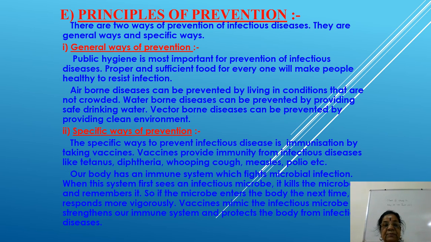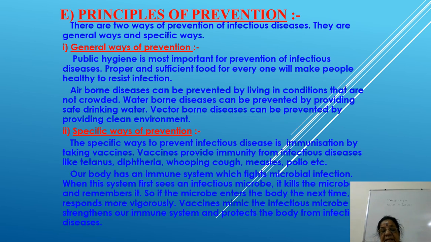Then the specific way to prevent infectious diseases is immunization by taking vaccines. Vaccines provide immunity to infectious diseases like tetanus, diphtheria, whooping cough, measles, polio, etc. Our body has an immune system which fights microbial infection. When this system first sees an infectious microbe, it kills the microbe.